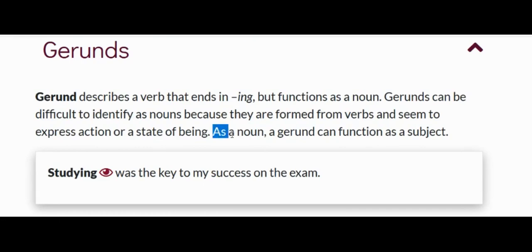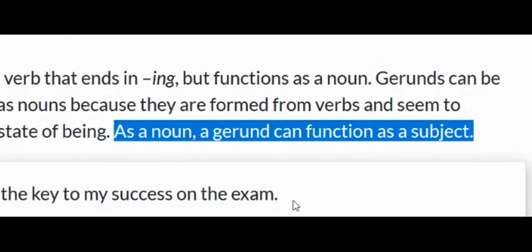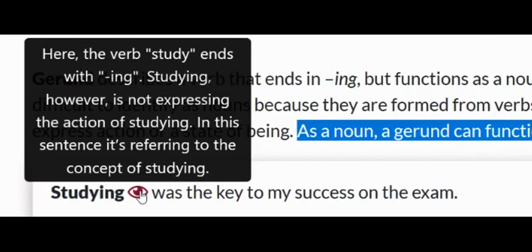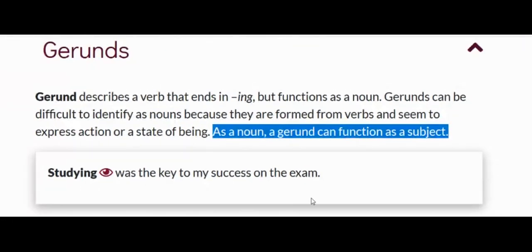However, when a gerund is presented, it can be serving the subject role of the sentence. Here we have the verb studying presented as a noun, a gerund. Here it's not expressing the action of studying. In this sentence, it's referring to the concept of studying or the activity of it. Studying was the key to my success on the exam.